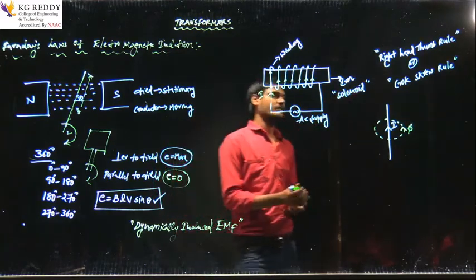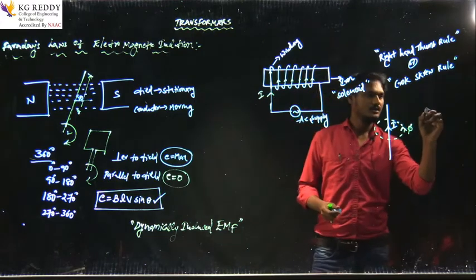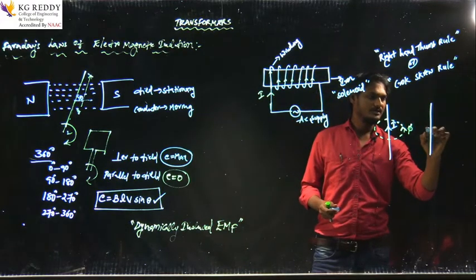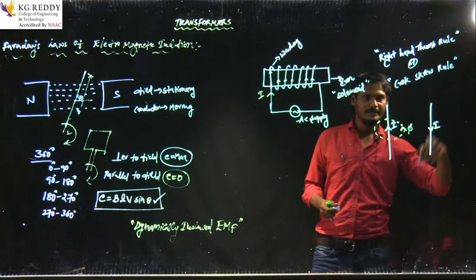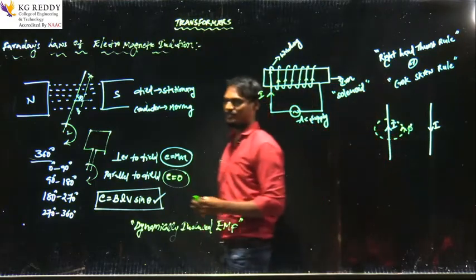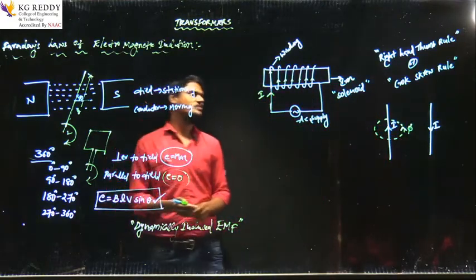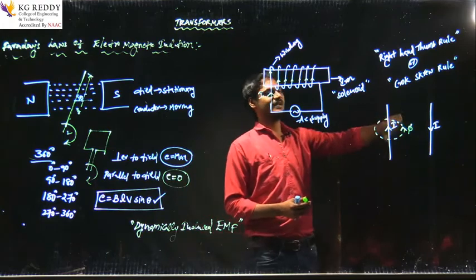Now, in a similar manner, I am going to consider the current is passing in the downwards direction. Tell me how the flux line's direction will be.